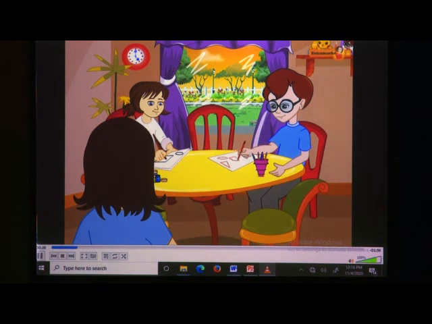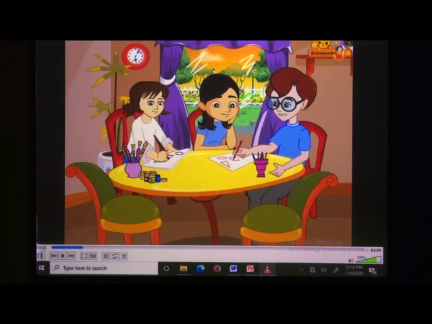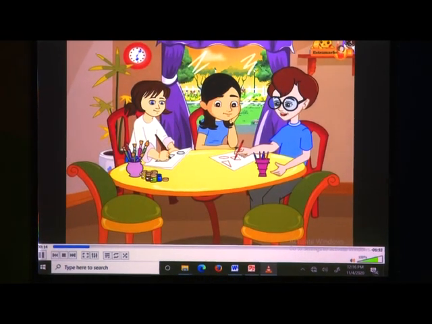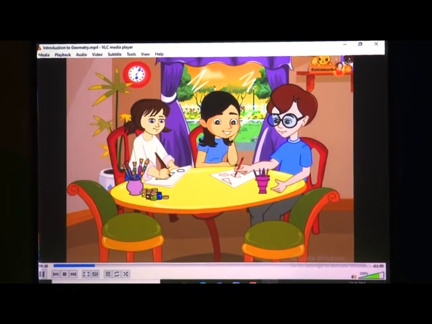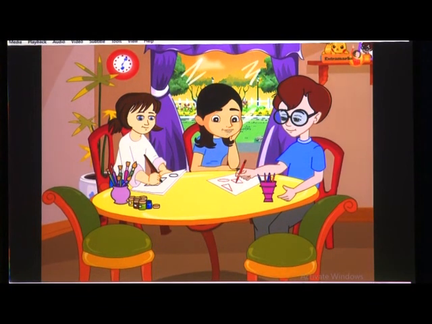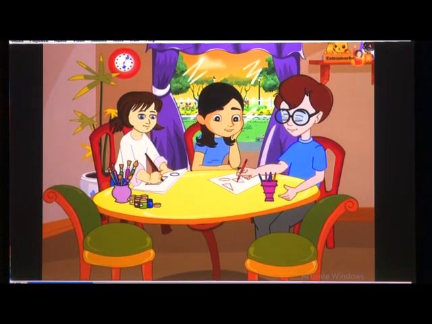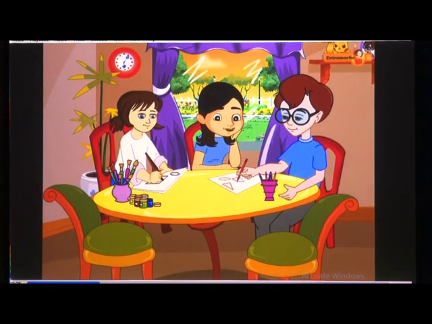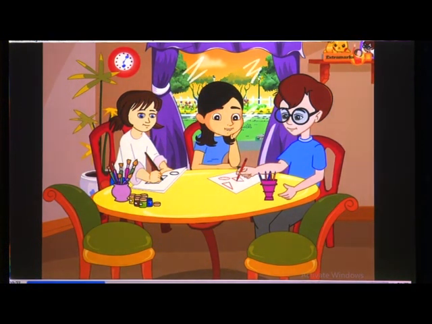Hey kids, what's going on? We are drawing geometrical shapes on a piece of paper. Oh, that's good. Hey, your geometrical figures are not looking perfect in shape and proportion. You need to use mathematical tools to draw geometrical figures precisely. But what kind of mathematical tools do we need to construct geometrical shapes?